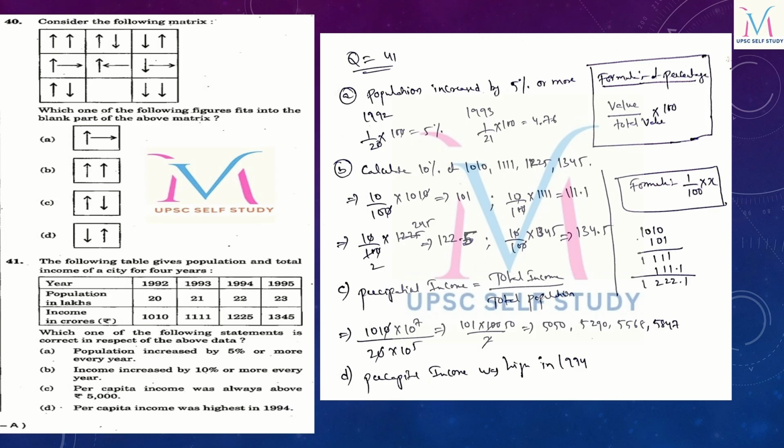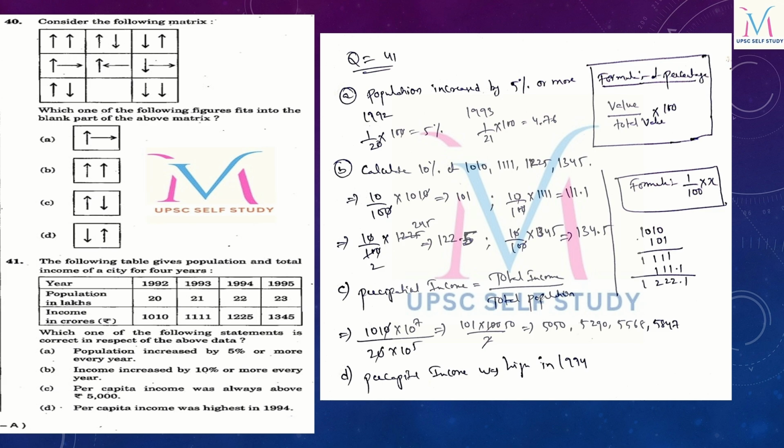So by adding 10% of 1010 we get the second value, right? Now for this 1111 we have to add its 10% again. The same thing I have done there. By adding, I am getting 1222.1, but actually we have to get the third value, 1225.